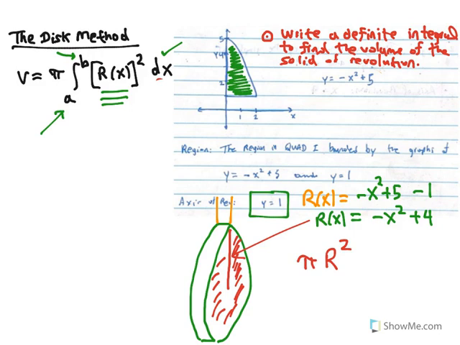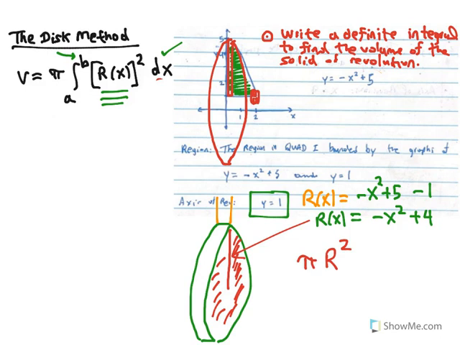So your leftmost cylinder will start at x is equal to 0, and your rightmost cylinder will end at x is equal to 2. So the limits of integration are from x is equal to 0 to x is equal to 2.